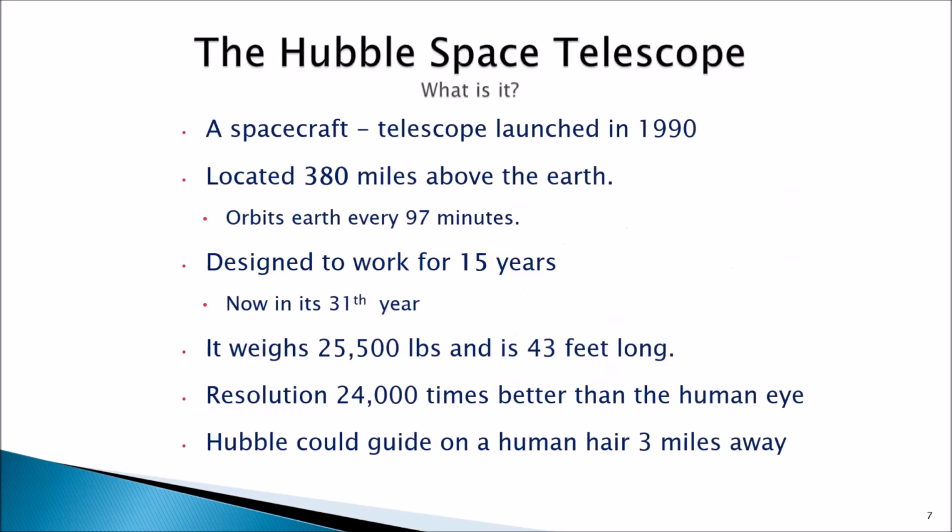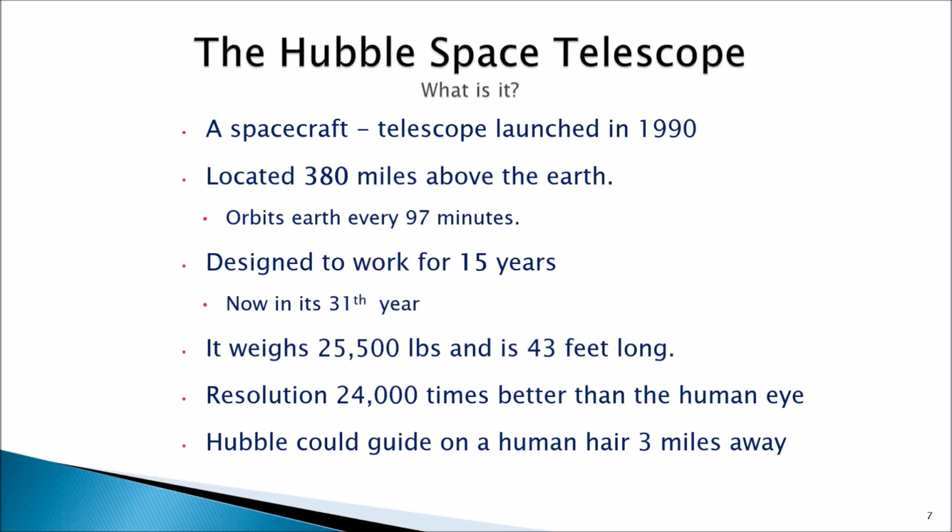So what is the Hubble? It's a spacecraft and telescope combined, which was launched in 1990. It's currently located 300 miles above the Earth. It does an orbit every 97 minutes. Designed to work for 15 years, it's now functioning in its 31st year.